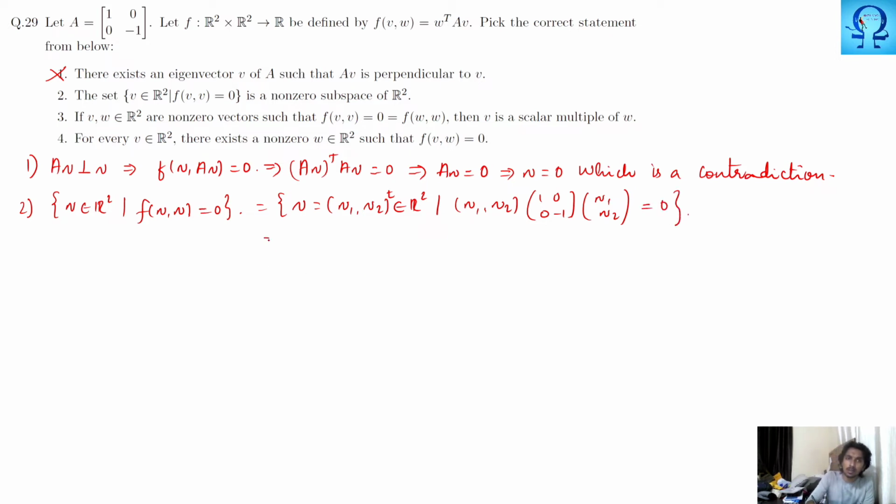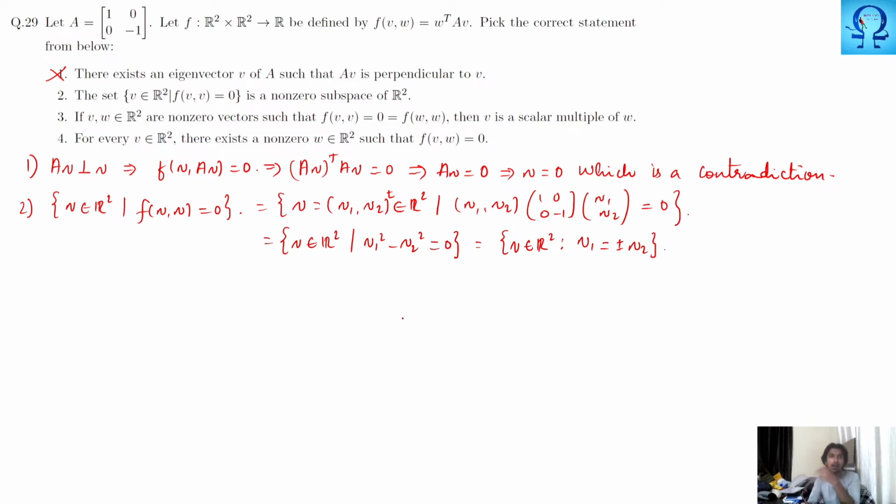You can very well multiply and see, that is V1 square minus V2 square is 0. So basically this consists of all the elements where V1 is plus or minus V2.